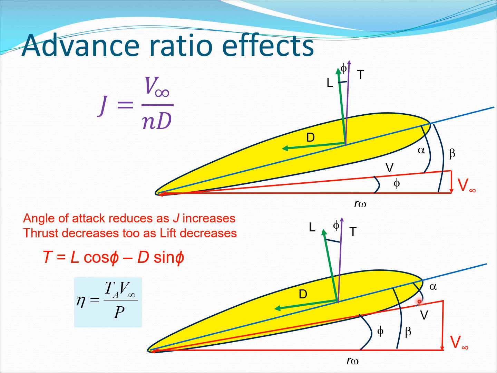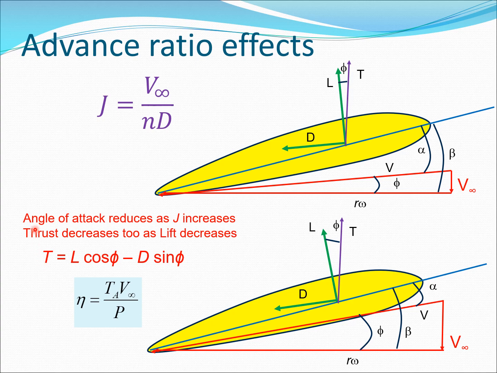And if alpha becomes smaller, that becomes problematic, because thrust is related to lift and drag in this way. So if alpha is small, lift is going to be small, so thrust is going to be small also.